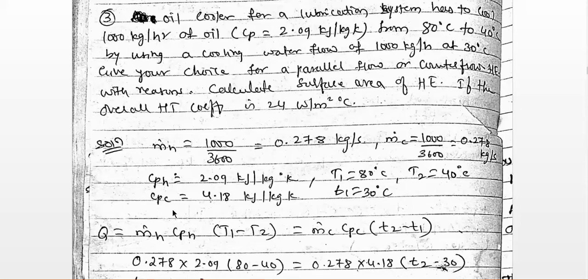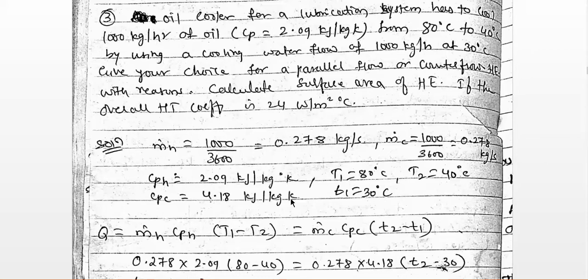Similarly, in the problem the specific heat value for water is not given, so it can be assumed. The specific heat of water is 4.18 kilojoules per kg Kelvin, which is also converted into 4.18 into 10 raised to 3 joules per kg Kelvin. Please adopt this system to avoid further complications of unit conversion.